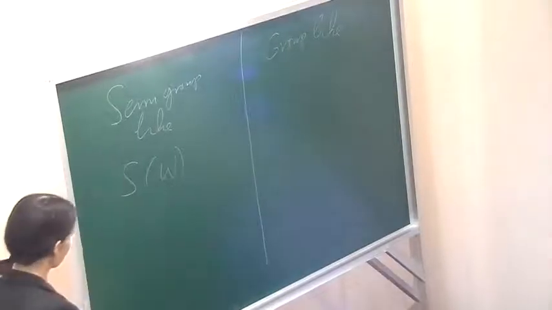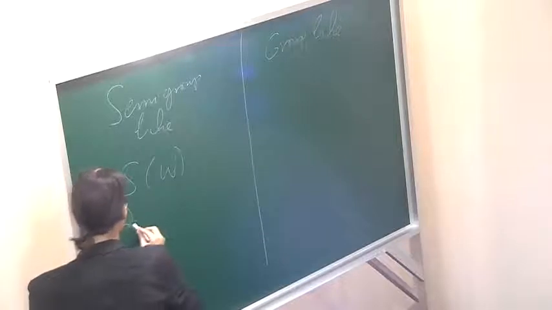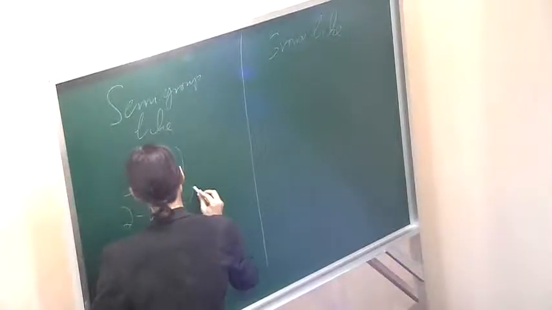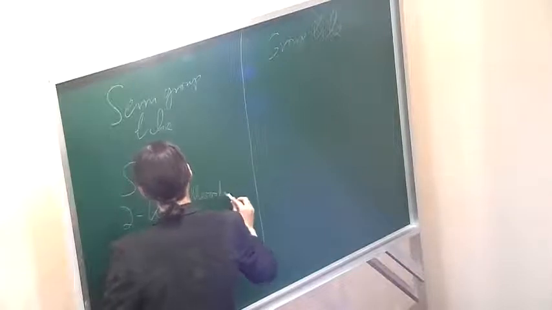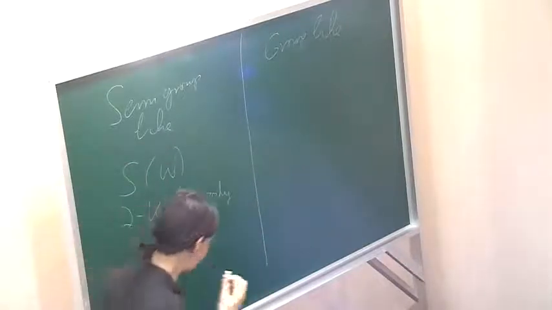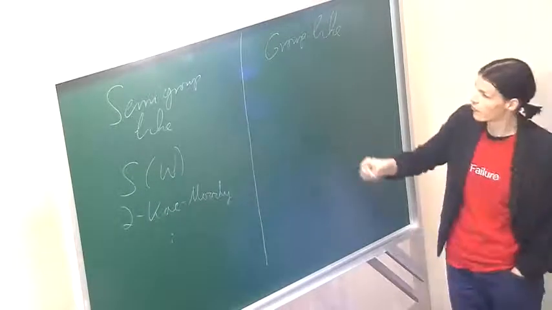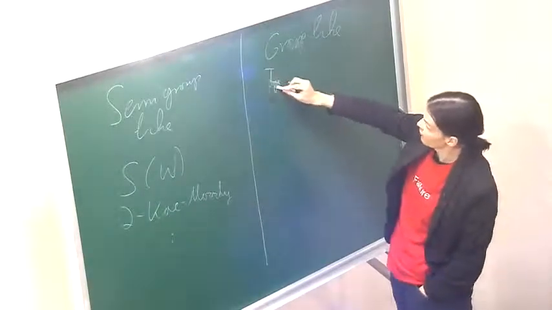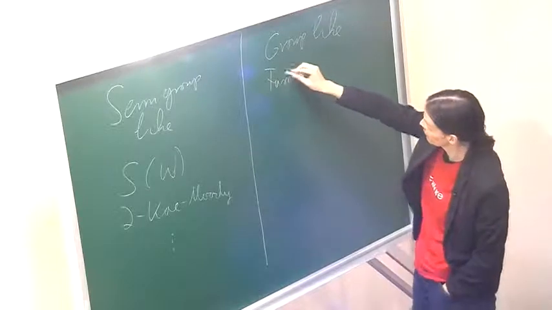But also you could put something like Kac-Moody categories or whatever. So some very non-semi-simple things. And on the group-like side, I will put something which is really group-like, so fusion categories.